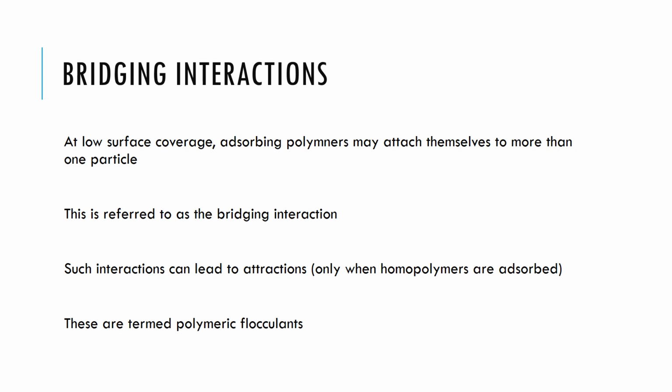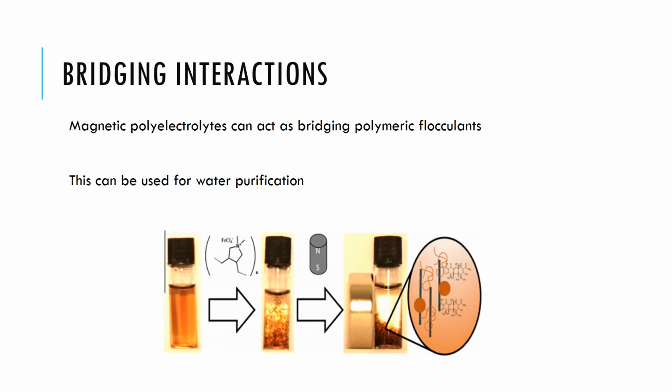Because they attach to more than one particle, they draw particles in together and aggregate the system. And you can find papers on this where you look at magnetic polymers that act as bridging polymeric flocculants that are used for water purification.